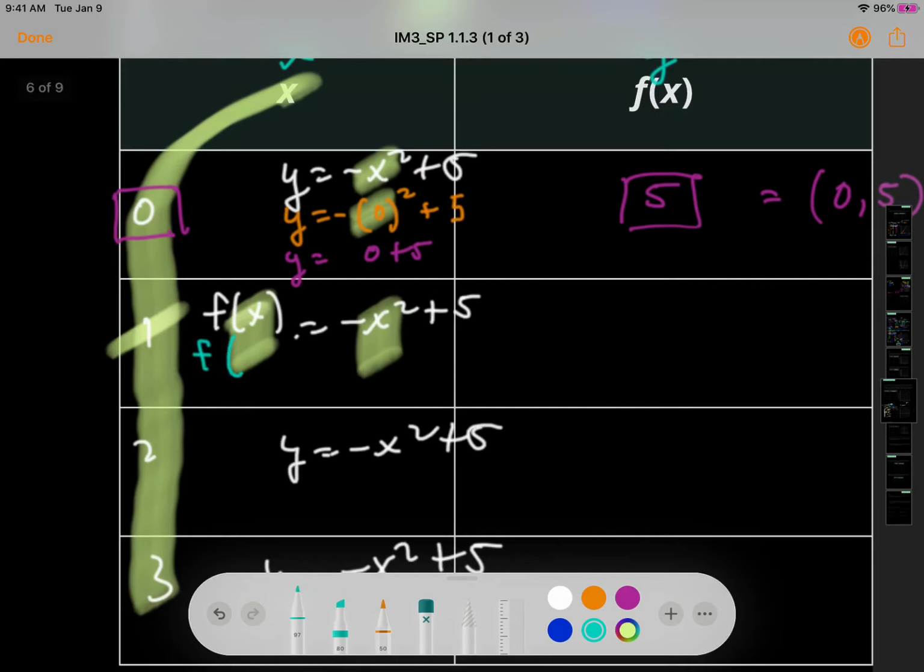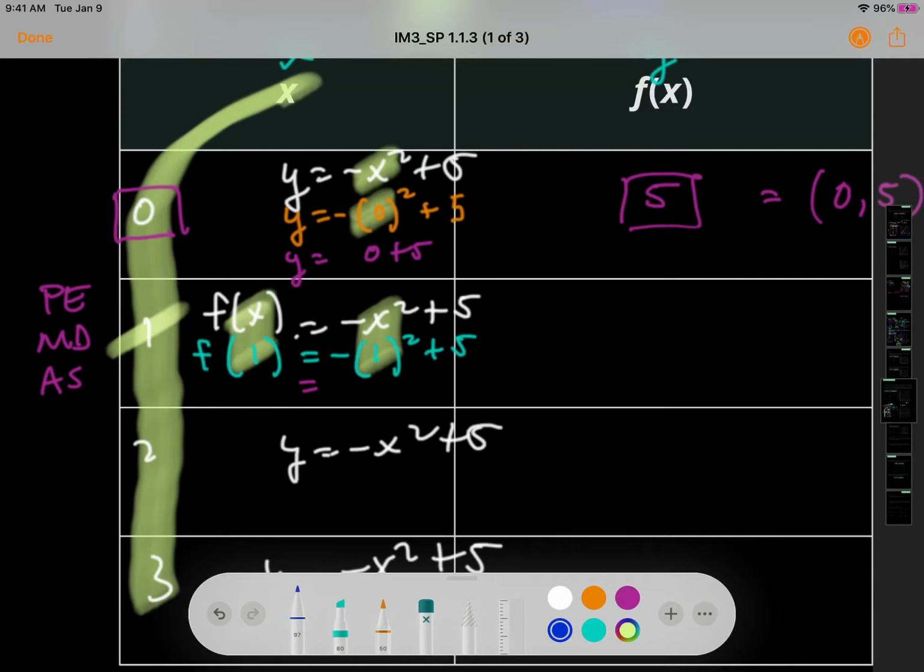F of 1 equals negative, did you notice my substitutions are inside parentheses here? Plus 5. And all we do is just simplify this. 1 squared, remember, use PEMDAS, order of operations.